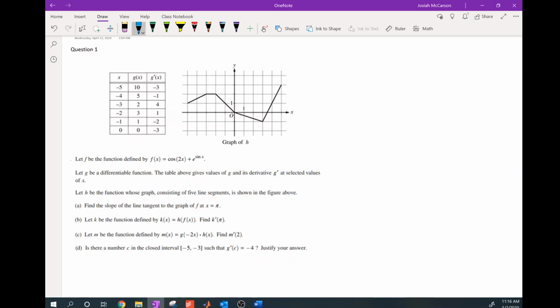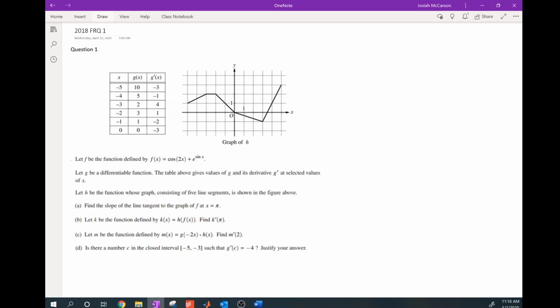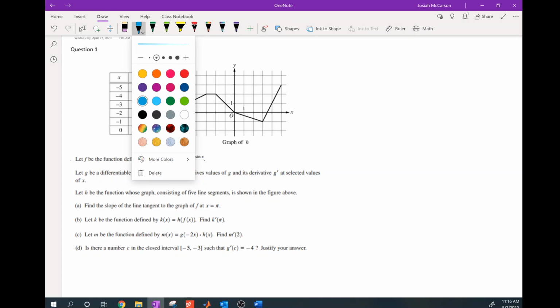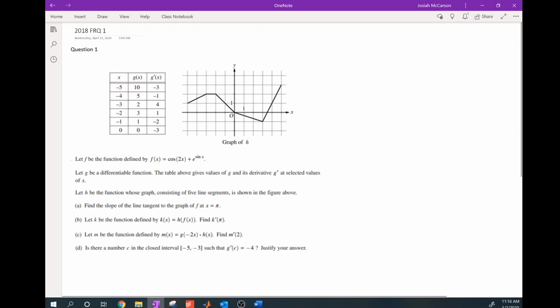We've got a chart for g of x, we've got a graph for h, and then they tell us that f is the function 2 cosine 2x plus e to the sine x. Let's see what else they say. That g is a differentiable function. That's good.